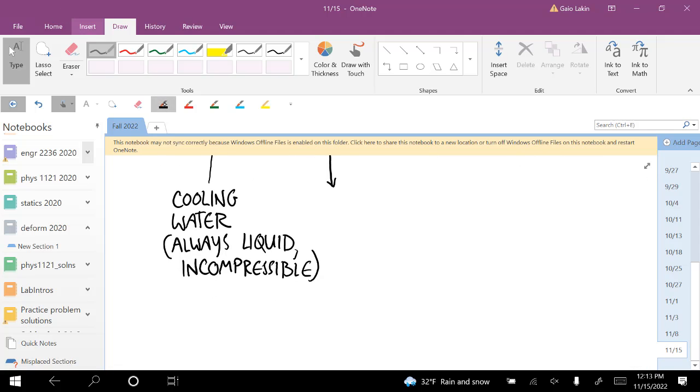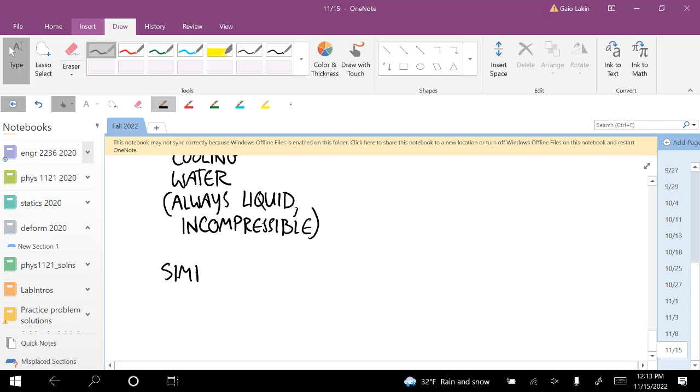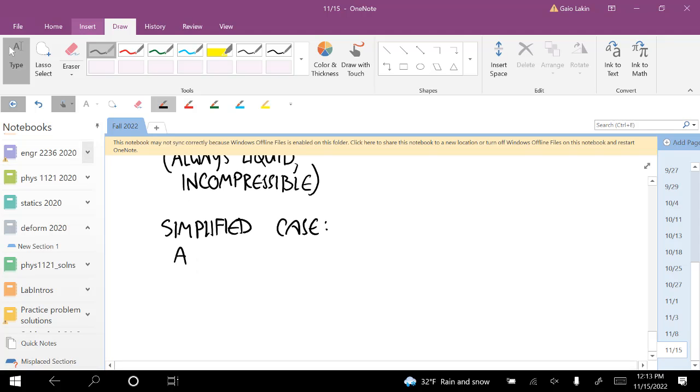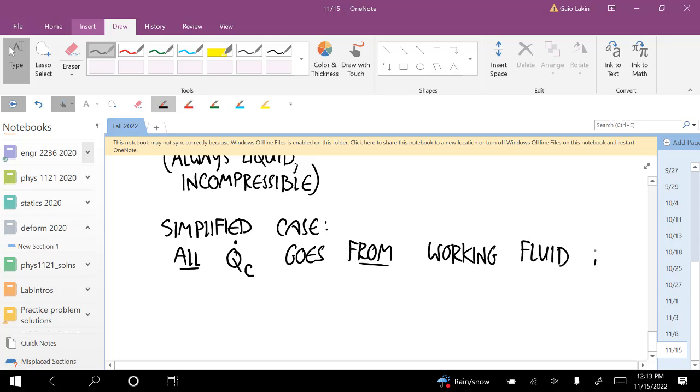So in a simplified case, which is what we're always going to use unless you're told differently by the problem, all of the rate of heat transfer, all this Q dot C, goes from the working fluid to the cooling water.